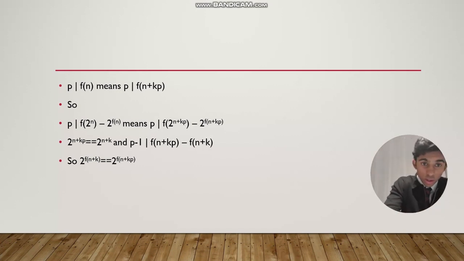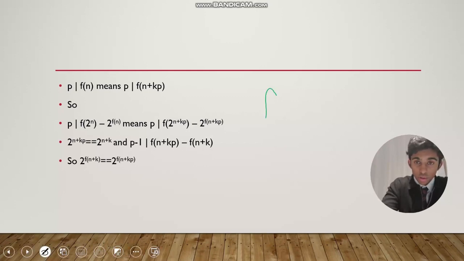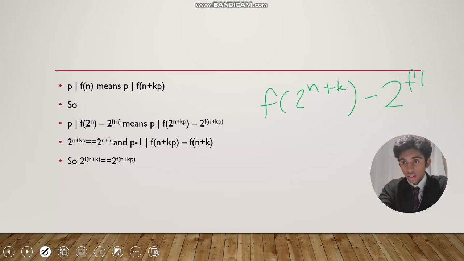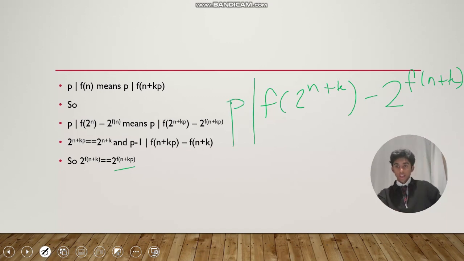So, since we know that f of 2 to the n plus k has the same remainder as f of 2 to the n plus kp when we divide by p, and this right over here, because I'm sick of saying numbers, has the same remainder as this right over here, we have that if p divides f of n, p divides this expression for all k.